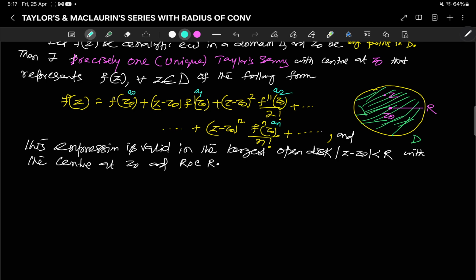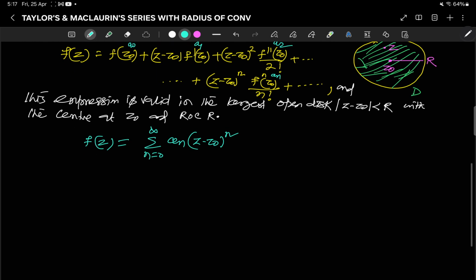Then f(z) will be of this form: summation of an from n equal to 0 to infinity, an times (z minus z0) to the power n, where an in general is the nth derivative of f at z0 divided by factorial n.